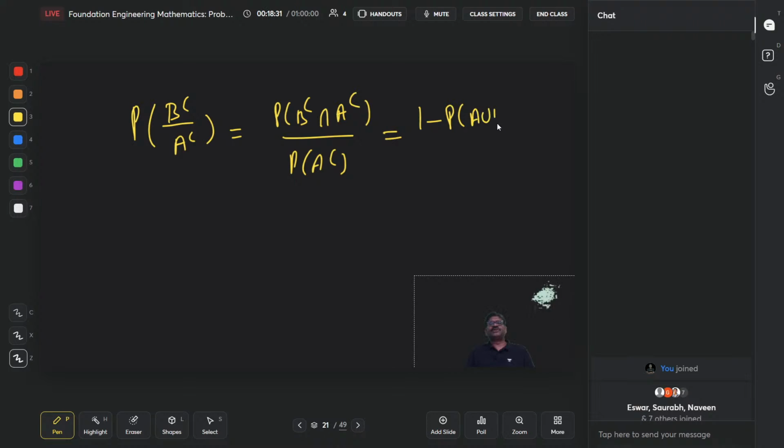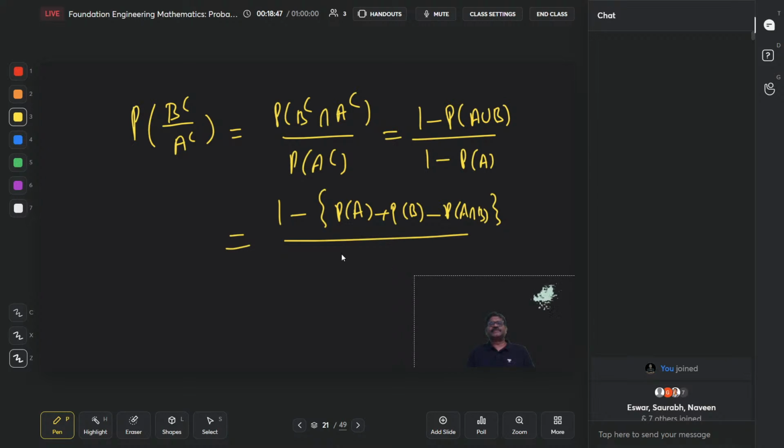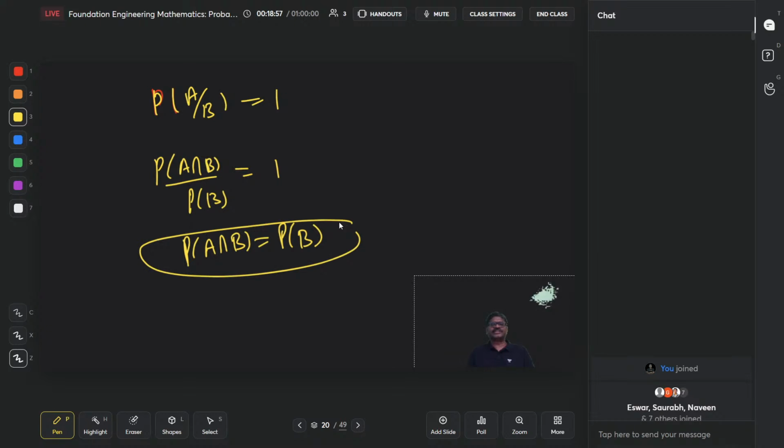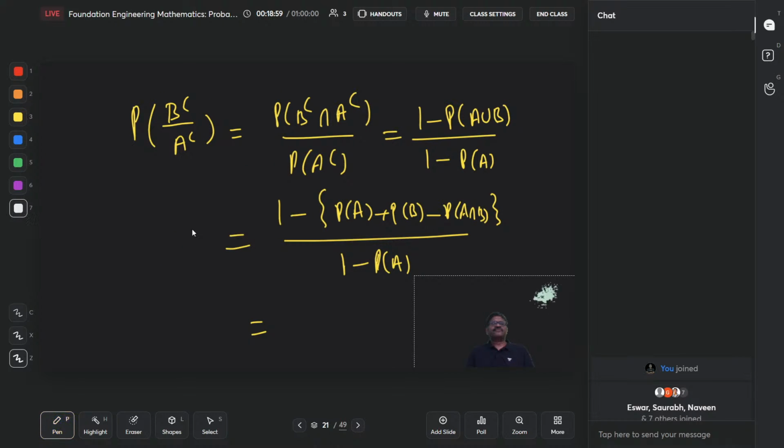That is 1 minus probability of A union B by 1 minus probability of A, that is 1 minus P of A plus P of B minus P of A intersection B by 1 minus P of A. Since P of B equals P of A intersection B, this result equals 0.